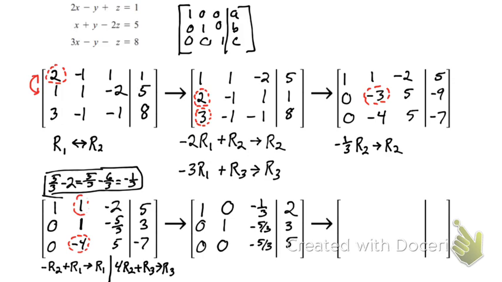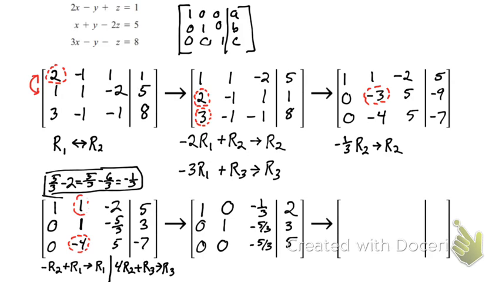What's the first step when I get to a new column? Marley, what's the first step we do when we get to a new column? You locate what needs to be a 1. Exactly. Which one needs to be 1? The bottom negative 5/3. Yeah, negative 5/3.